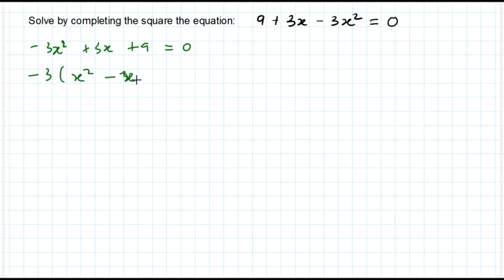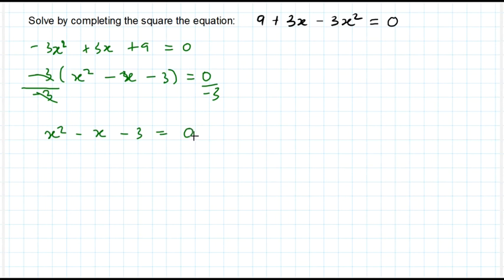So it becomes minus 3 and bracket x squared minus x minus 3 is equal to 0. Since our first intent is to have a coefficient of 1 on x squared, now we have a coefficient of 1 on x squared.